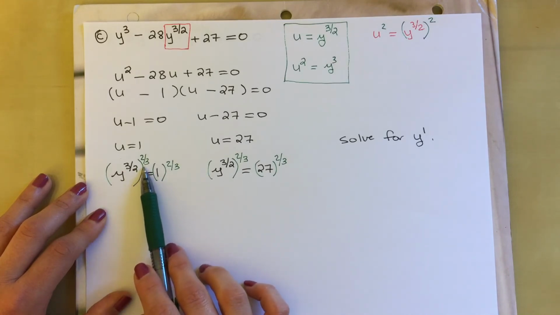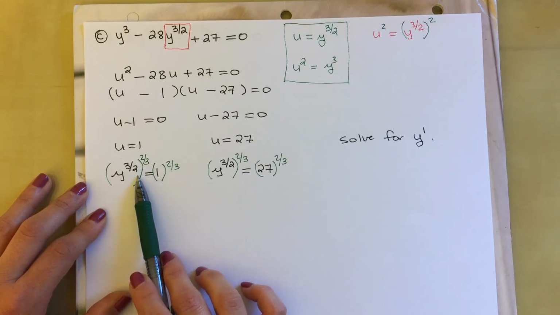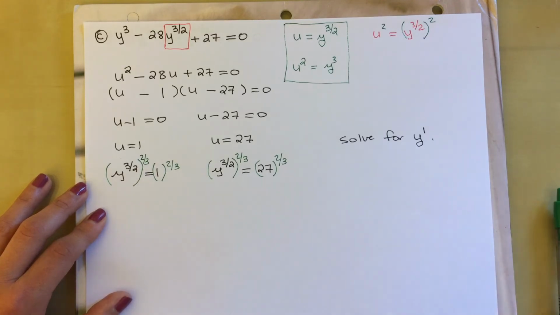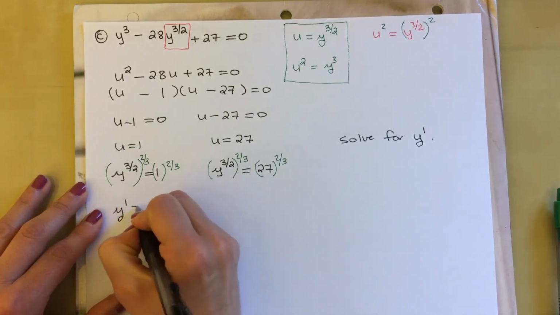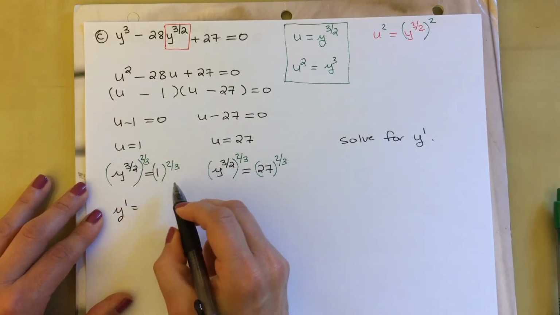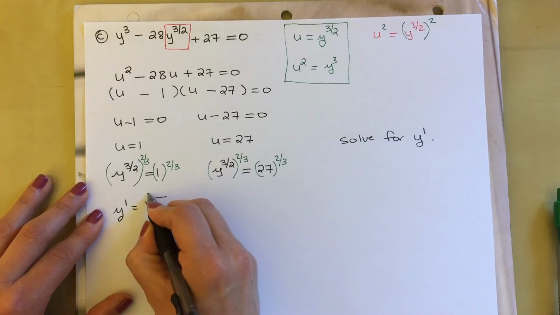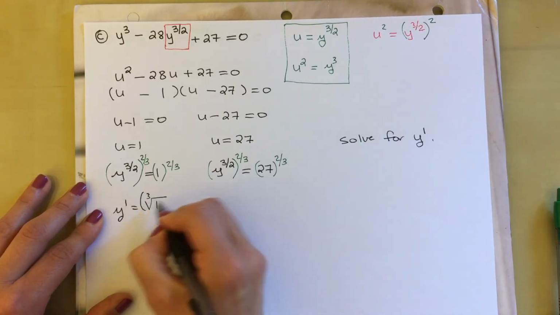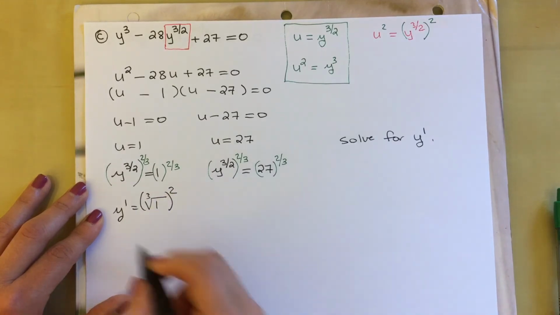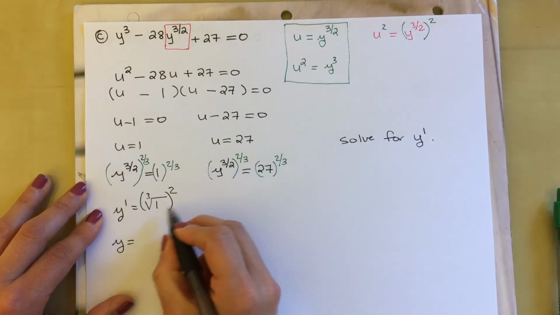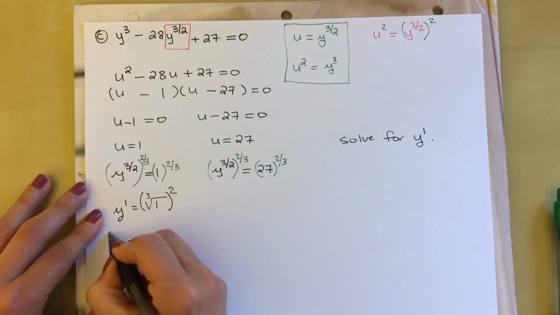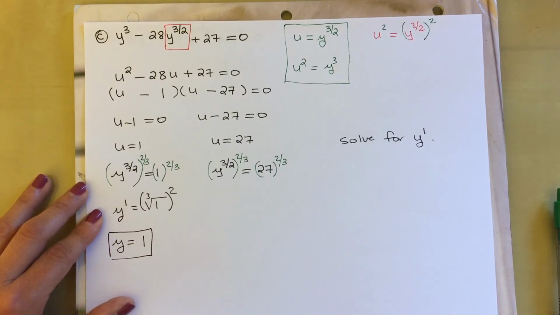When you multiply your exponents here, we can reduce and we just get y to the first is equal to, this is really cube root of 1 squared. Cube root of 1 squared is 1, so that is a solution.